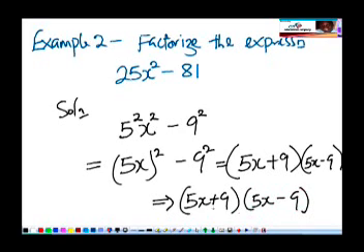So this is what you call the difference of 2 squares. The moment you can identify this part as a single base squared and this part as a single base squared with a different sign, you can factorize.